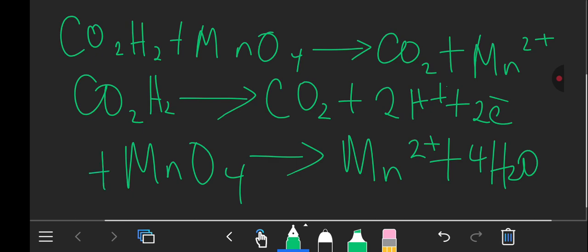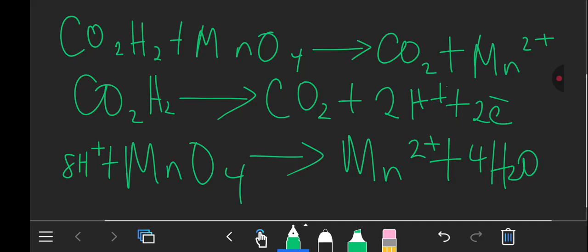So by adding just 8 hydrogen ions, we are going to add +8 hydrogen ion this side, and would have balanced the hydrogen because there will be 8.